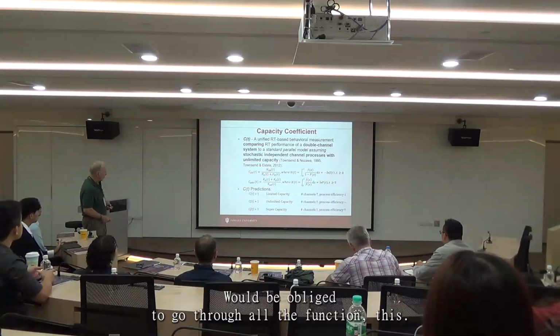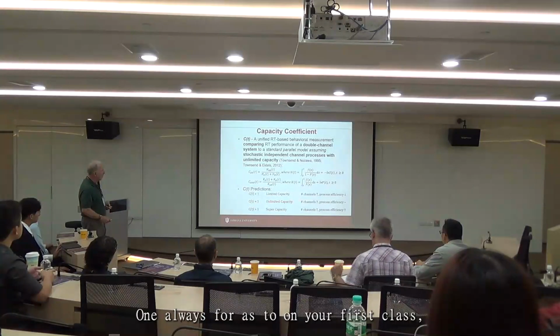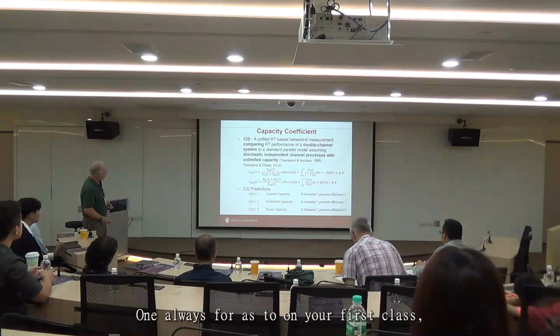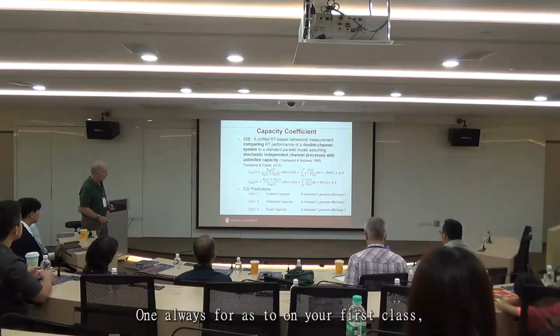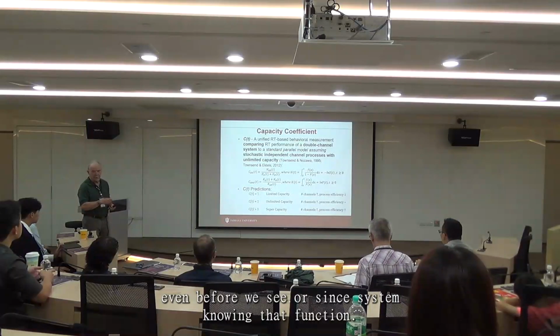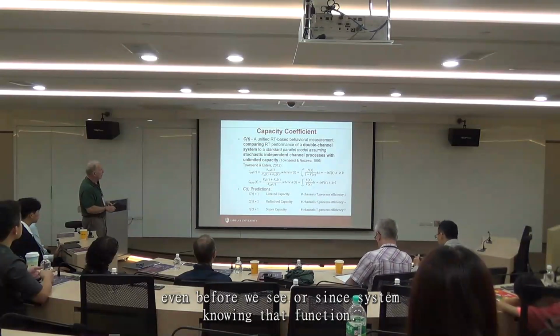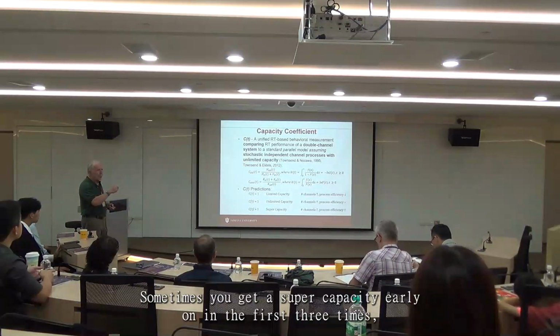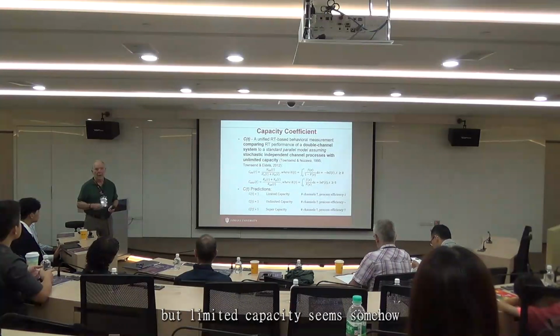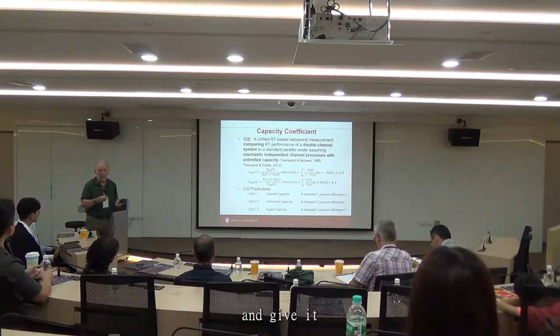If the function is at 1, it's unlimited; if it's bigger than 1, it gives you supercapacity. And of course what we see here, since this is a dynamic function, sometimes you get supercapacity early on at the faster times, but limited capacity things somehow inhibit one another.